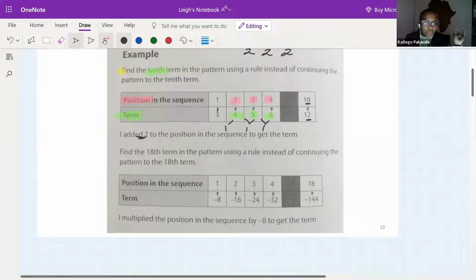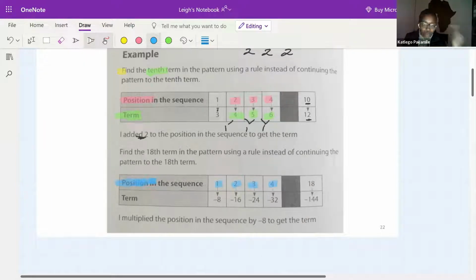So we're going back to, here we go. Position. Remember I said position is telling you, where does this number stand? What's the position of this number? Let me just stick to the word position. What is the position of this number? Okay, so this 1 and 2 and 3 and 4 that you see at the top is the position.